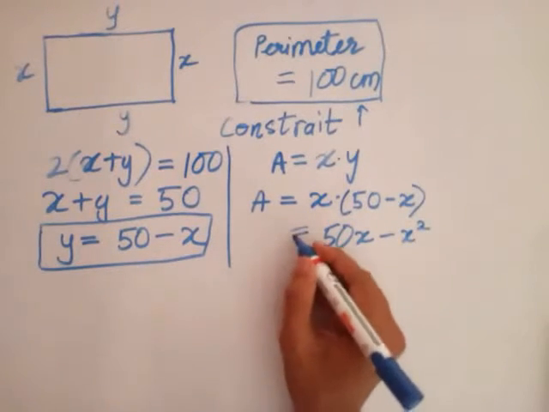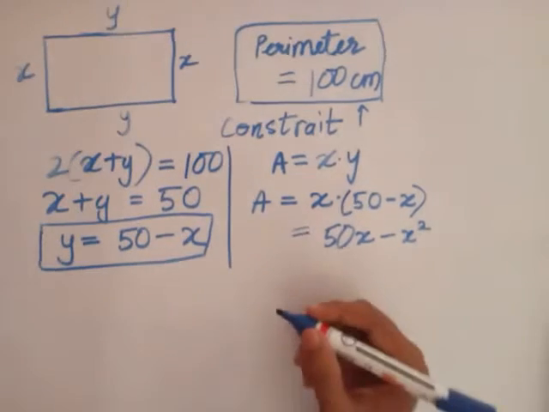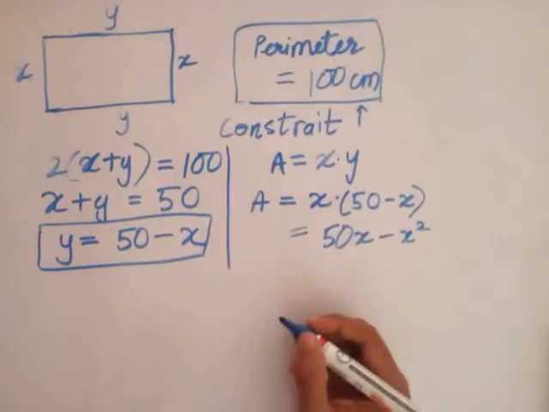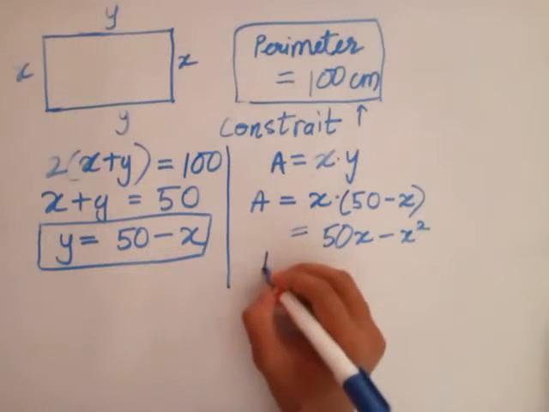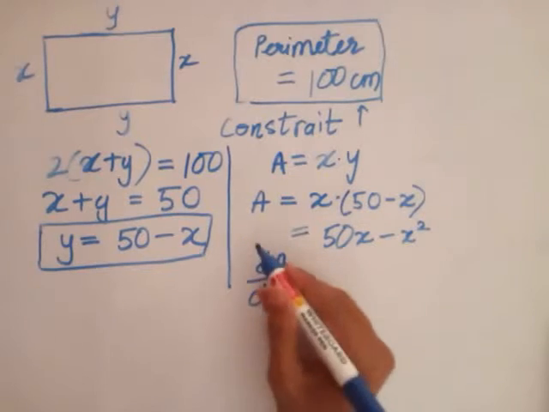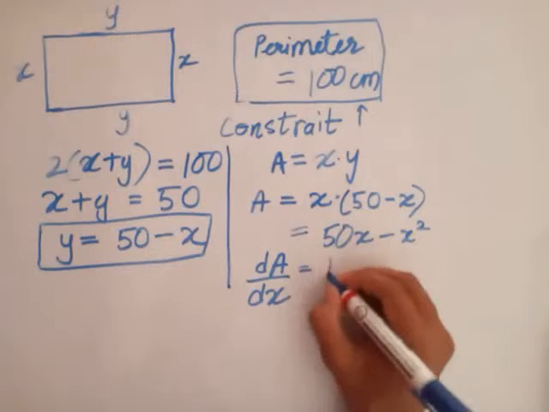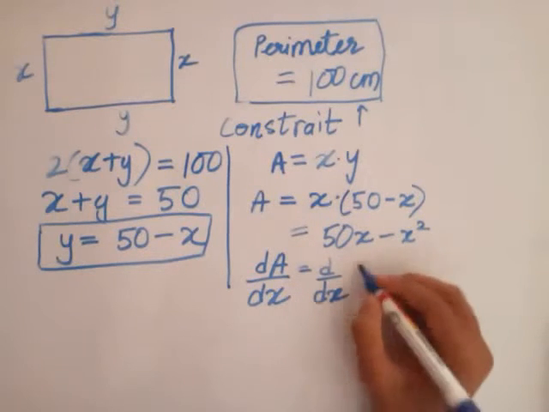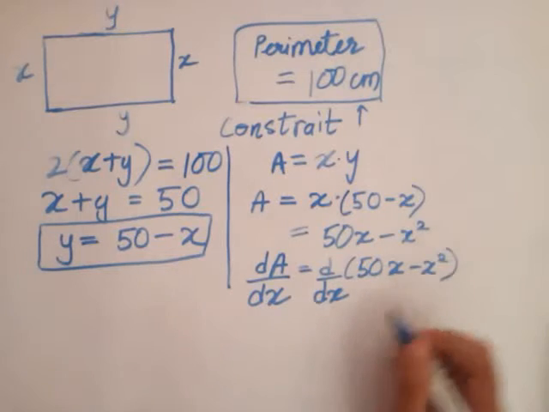And if you remember, last time the way we found the maxima and minima was to take the derivative of the function and set it equal to 0, and then find the x values for which that statement holds. So let's do the same here. We take the derivative with respect to x, of course, since this is a function of x. That is equal to the derivative with respect to x of 50x minus x squared.